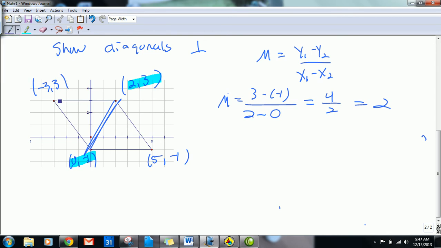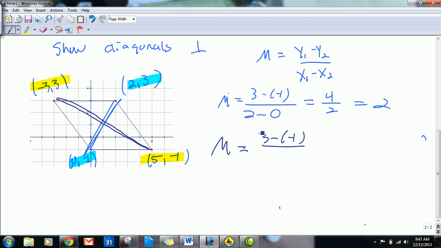Let's throw in the other diagonal. And so for this diagonal, I'm going to use the other 2 points, because those are the endpoints of that diagonal. So that slope of the black diagonal is going to be 3 minus negative 1, the difference in the y's over the difference in x's.